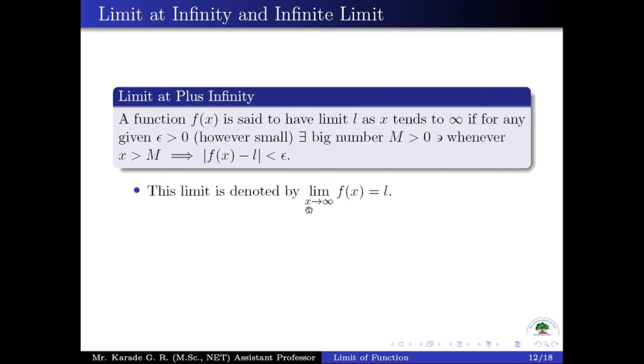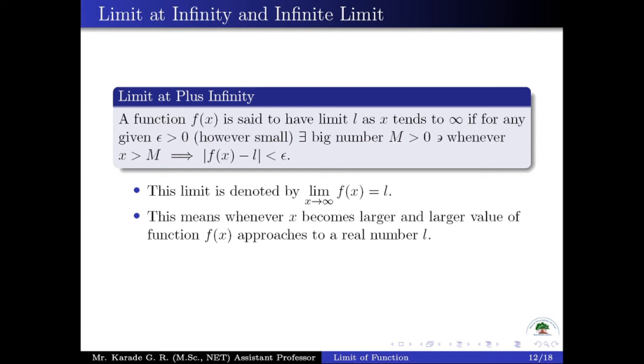So here we say that limit of function f of x is L as x tends to infinity means whenever x becomes larger and larger, the values of function f of x become close to L, approaches L. This means whenever x becomes larger and larger, the value of function f of x approaches a real number L. And see the example of this type of limit.